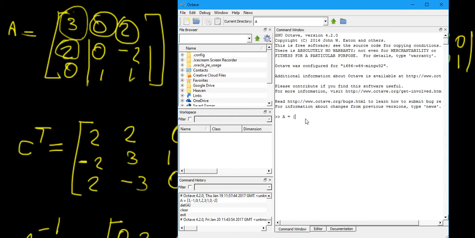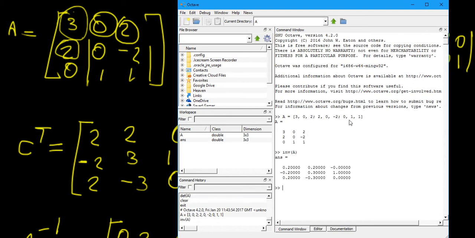A is equal to the following, so that's 3, 0, 2, second row is 2, 0, minus 2, and then the last row is going to be 0, 1, 1. That's our matrix A. And now the inverse of that is going to be denoted by this function, so that's inv of A. So this is going to be equal to this.